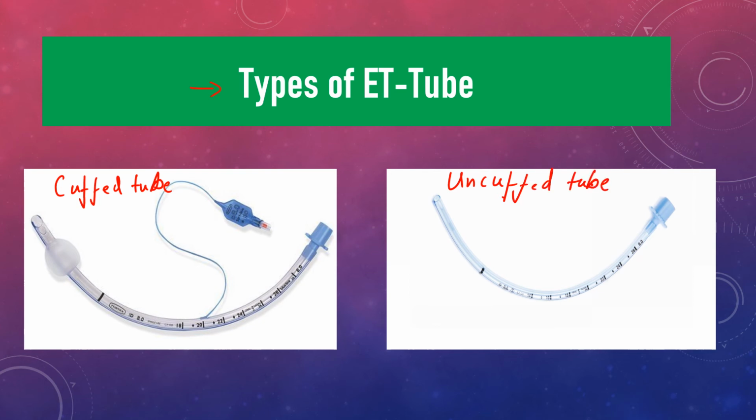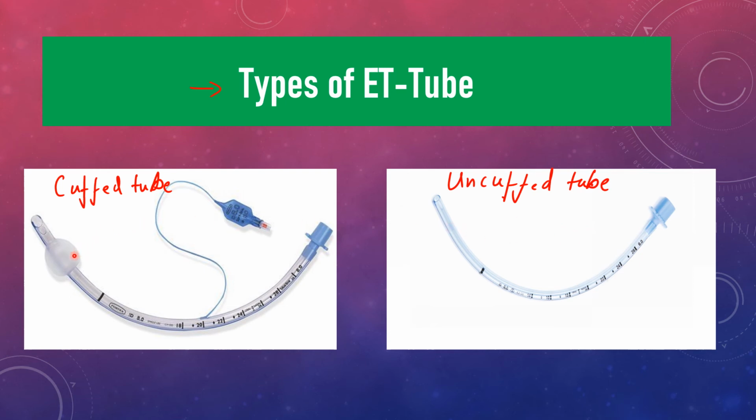This is an uncuffed tube. So the cuffed tube is mainly used in adult patients. It has one cuff and one pilot balloon. But in the uncuffed tube, there is no cuff and no pilot balloon.